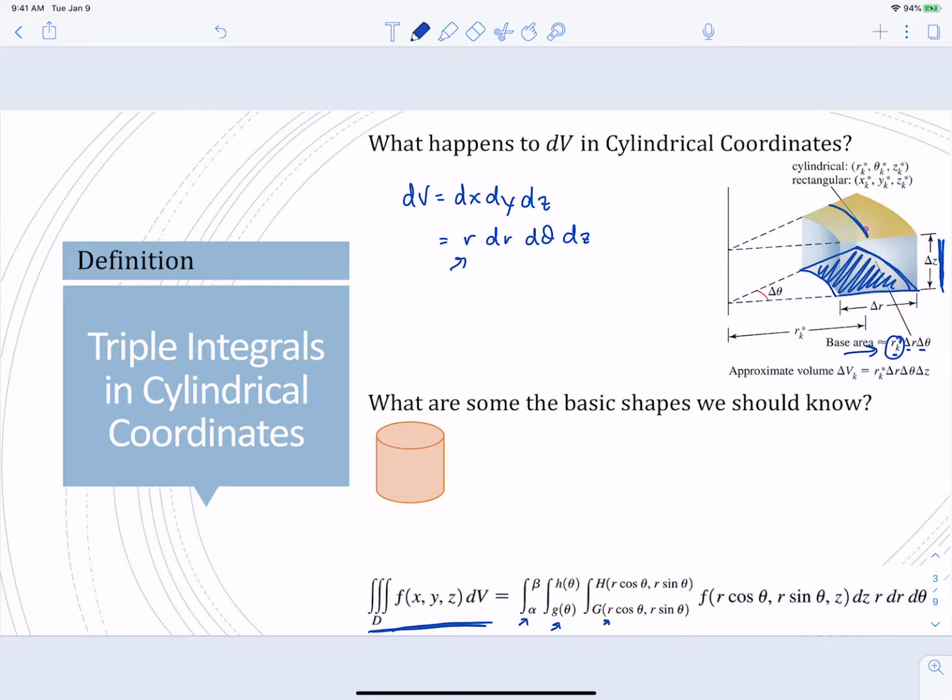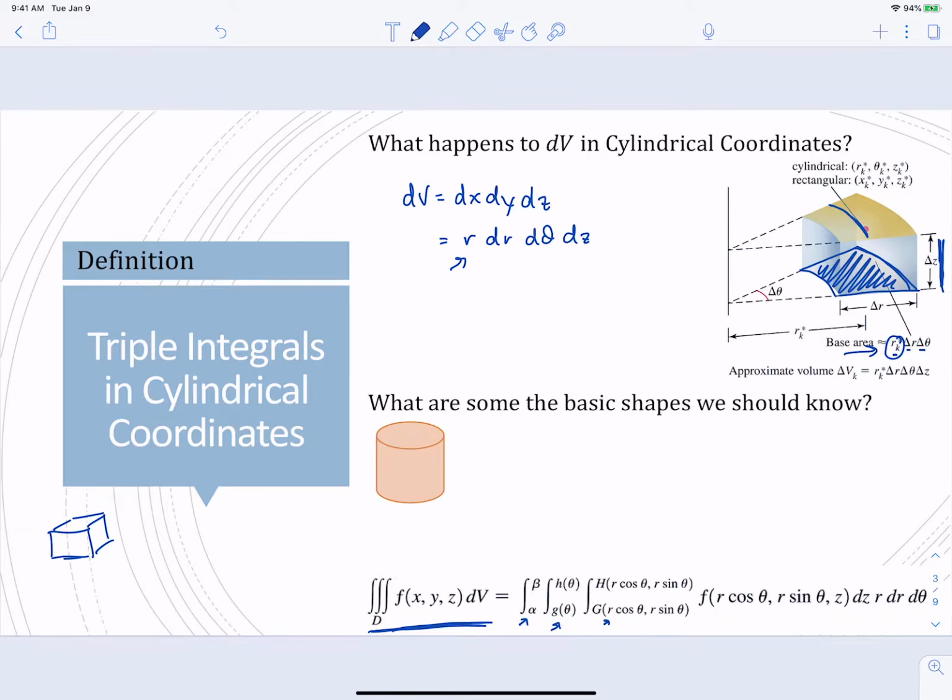So, some basic shapes that we should know in cylindrical coordinates. Remember, polar was a nice way for us to talk about circular regions; this is going to be a nice way for us to talk about cylindrical regions. In the last section, the regions that we had were essentially rectangular, like cubes or things that had straight sides.